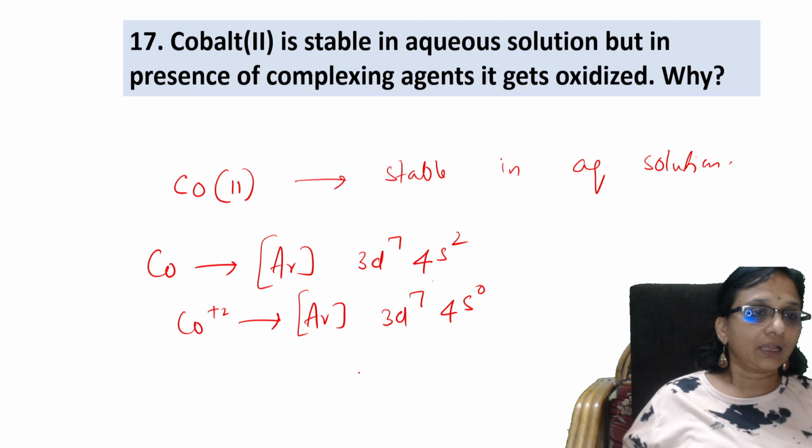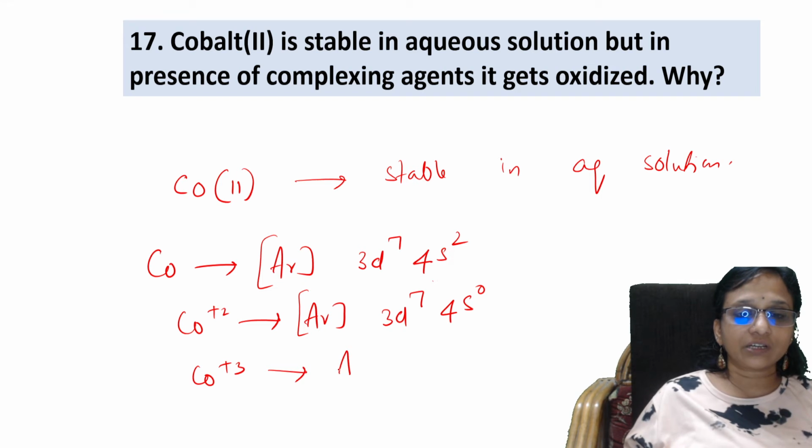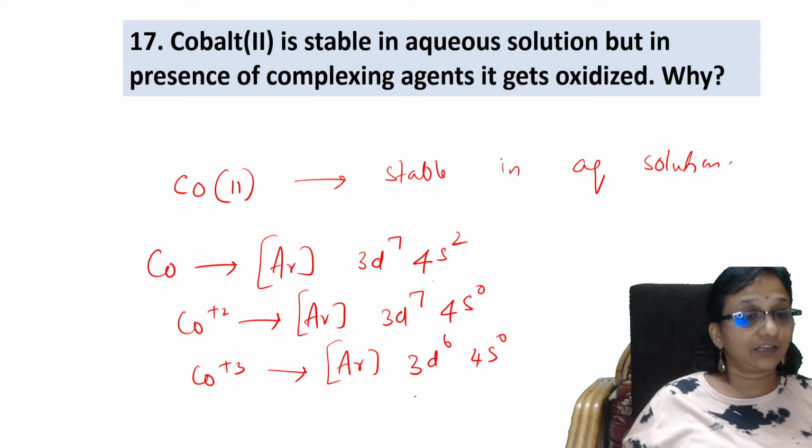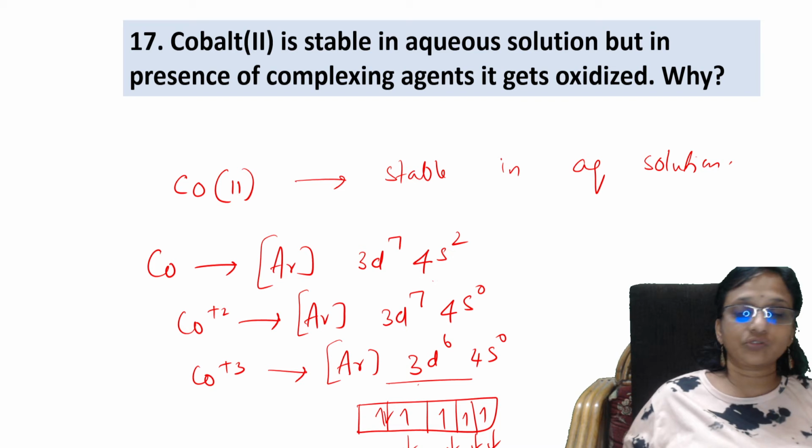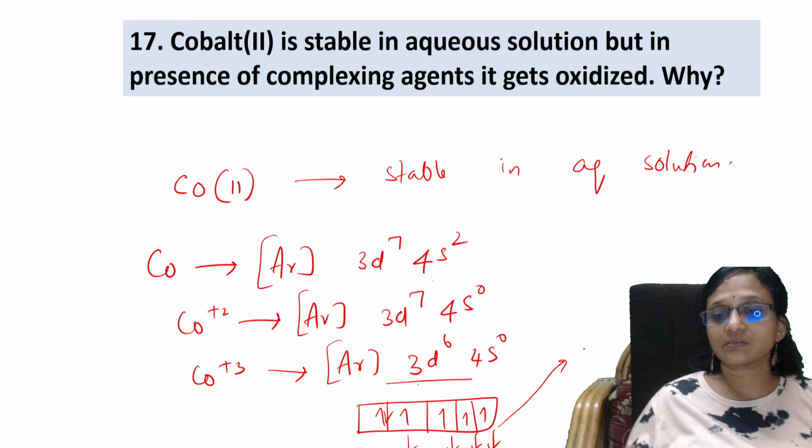Done. Now slowly it loses one more electron. Yes, from plus 2 it will become plus 3. Let us check. Now what is the configuration? Argon 3d6. Now you only tell me. Here in 3d6 you have 1 2 3 4, 1 2 3 4 5 6. See here, so many are empty, so it is going to start forming complexes. With these empty orbitals, it starts forming complexes.